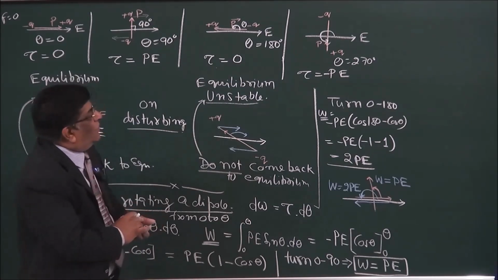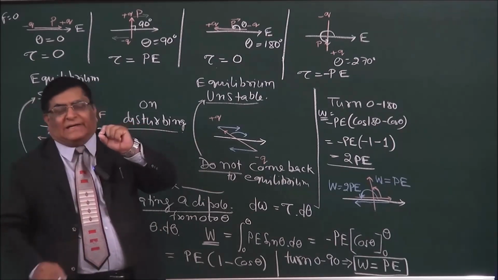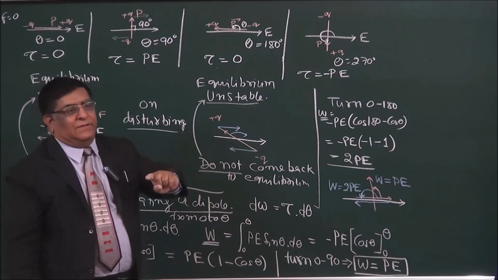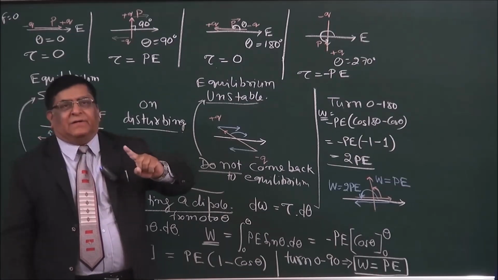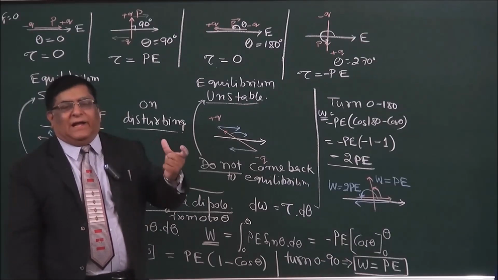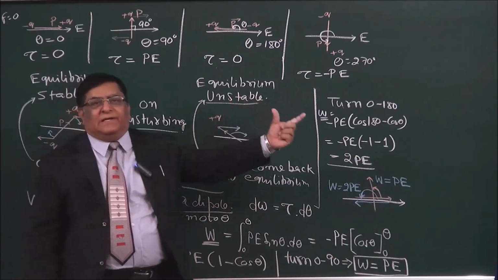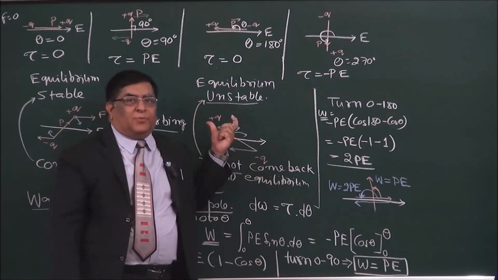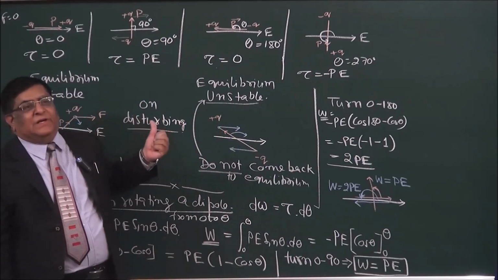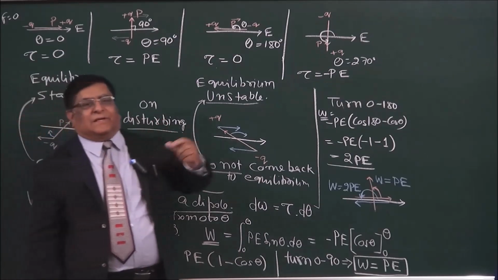What is the definition of potential energy? So far for electrical particles, we have not done potential energy, but we can define it. The potential energy is the amount of work done when a dipole is brought from infinity to its given position. That will be its potential energy at the given point, and let's calculate it.